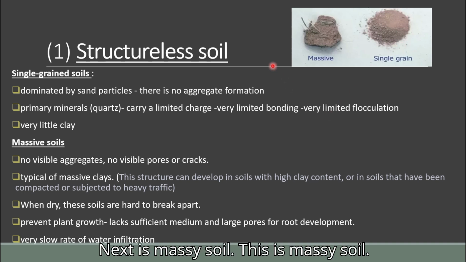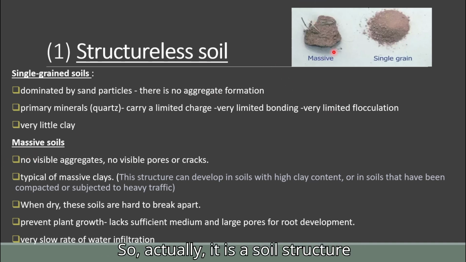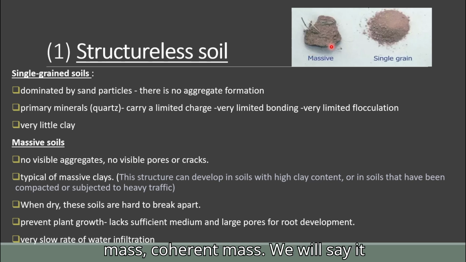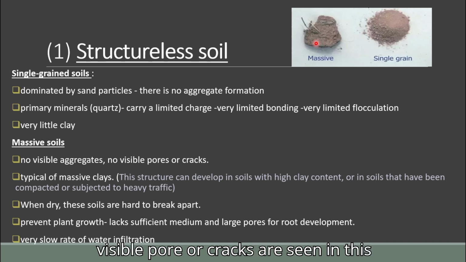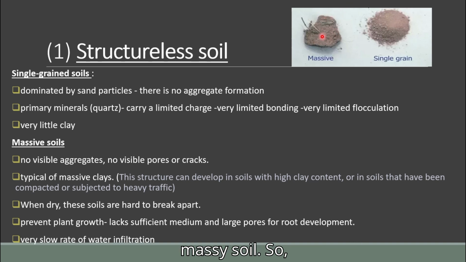Next is massy soil. Actually, it is a soil structure where the entire soil horizon appears as a single, coherent mass. We can't see any aggregates, any clump, and no visible pore or cracks are seen in this massive soil.